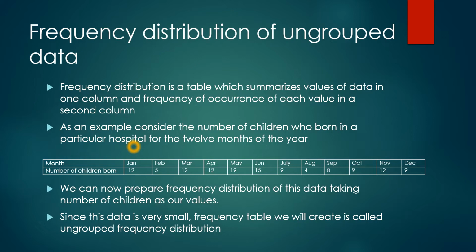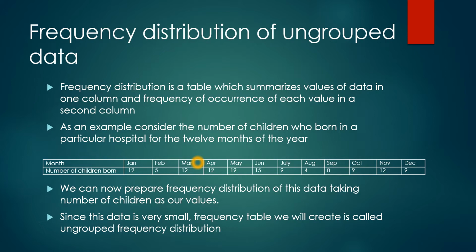So we have this data we collected. As you can see, if you glance at this data, in January the number of children born in the hospital is 12. In February, you have 5 children. If you look at March and April, they both have 12 children. So we have kind of a repetition.